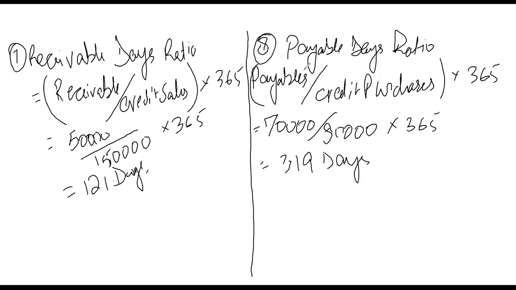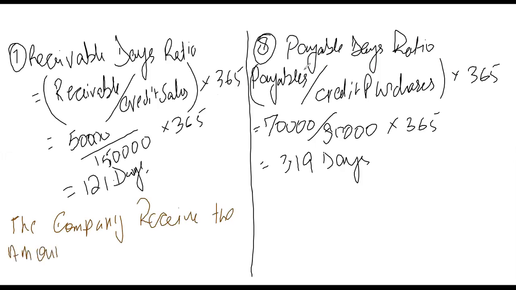Because the company receives the amount of credit sales in 121 days, or 4 months.